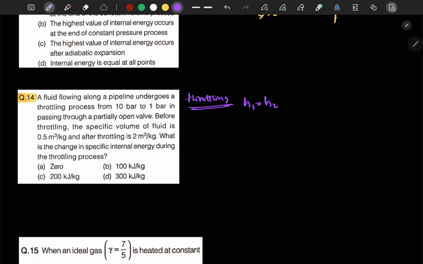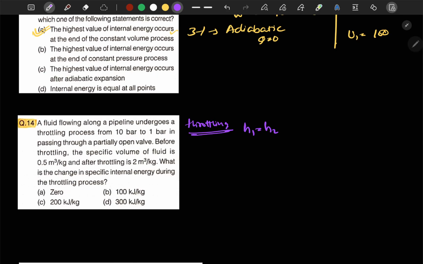Since the process is throttling, h1 is equal to h2, and we can further write h is equal to u plus pv, so u1 plus p1 v1 is equal to u2 plus p2 v2.